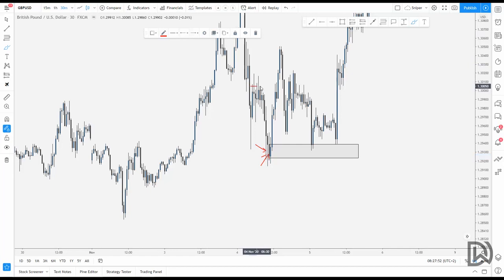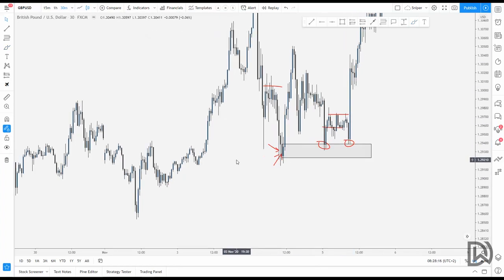We have this area of structure. Price breaks the structure, comes back, and then retests the order block. Then again we have a push away, a bit of consolidation, and then price comes back one last time, retouches that area, and then pushes to the upside.